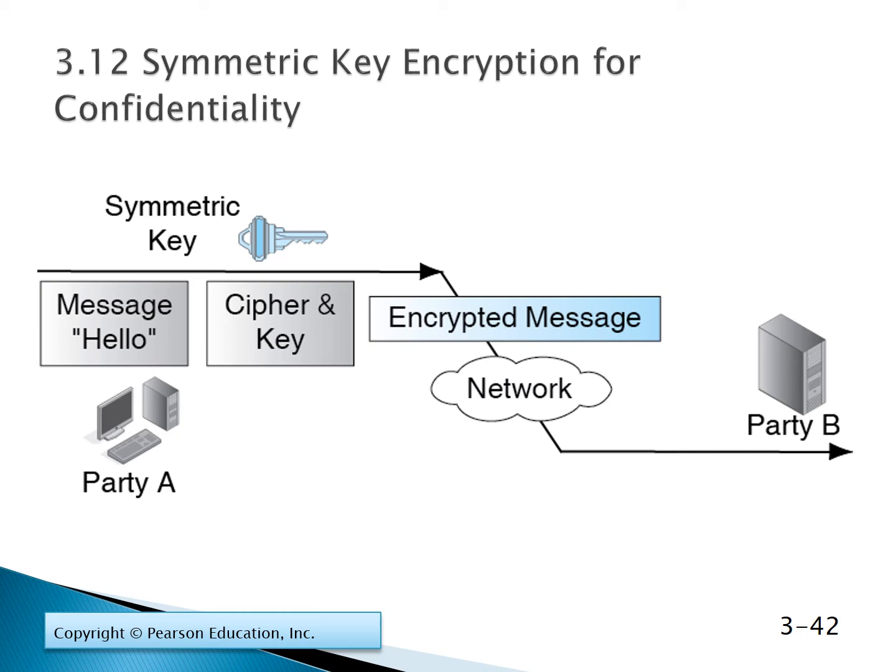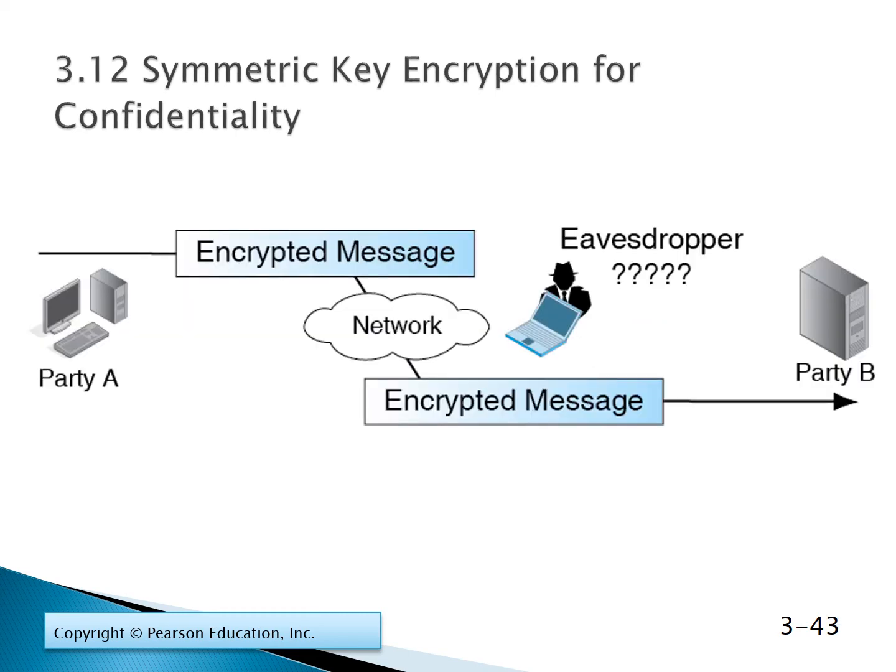In cryptography, when we talk about a key, it's a password with a specific length, for example 64 bits, 128 bits, and so on. You encrypt the message and then send it through the network, such that if people reading your message on the network do not know your key, they will not be able to decrypt the message.